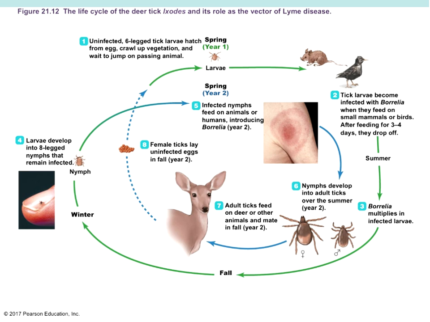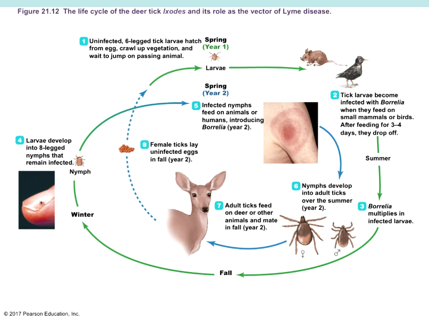The first thing that happens is that transovarial transmission of Borrelia is really kind of rare. So the ticks are going to hatch in the spring and are uninfected. First, the larvae become infected during their first blood meal.